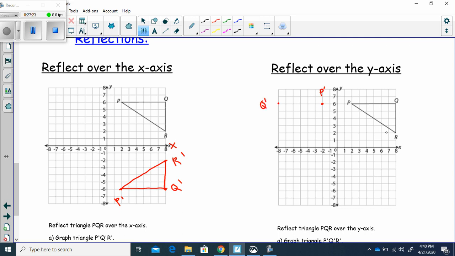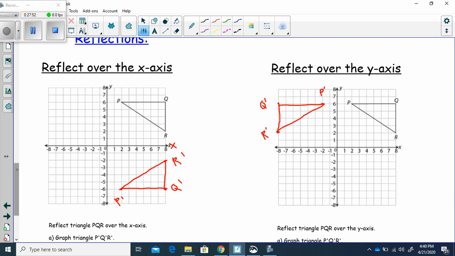And R is 8 points here, 8 points over there. There's R prime. P prime, Q prime, R prime. And the triangle you get after you reflect over the y-axis looks like this. Okay? If you fold it along the y-axis, these two would map right on top of each other.